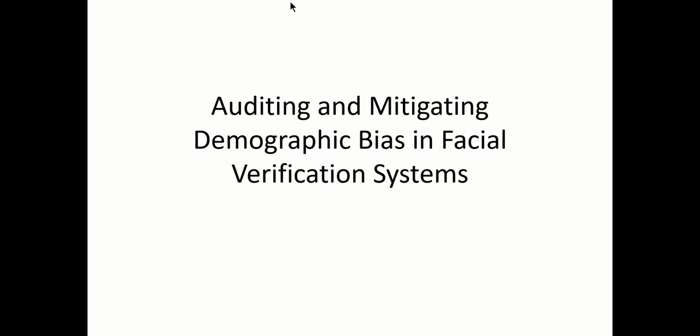First, let's understand the application. Facial verification is a one to one matching process. It answers a specific question: are these two images of the same person? This is the technology used to unlock your smartphones, authenticate bank transactions, or verify identity at border controls. It is fundamentally different from facial identification, which is a one to many lookup asking, who is this person in the large database?